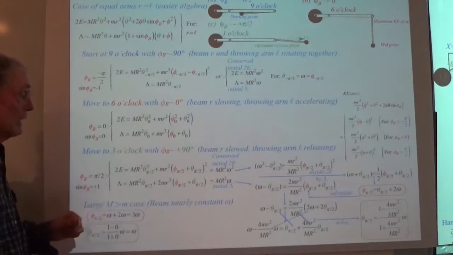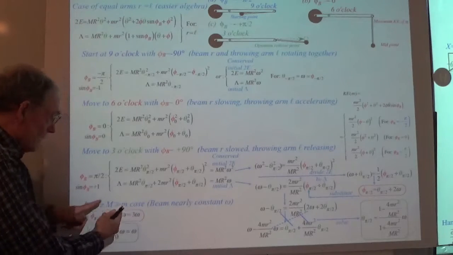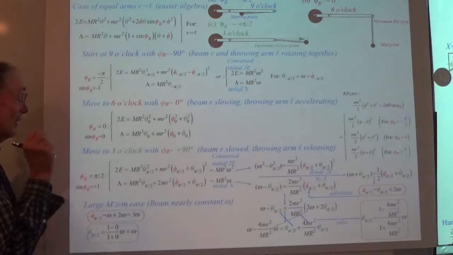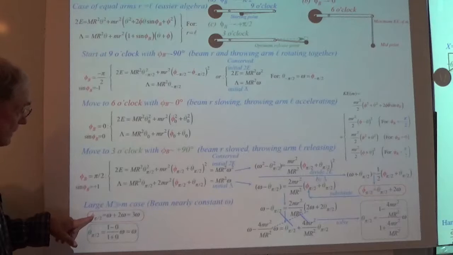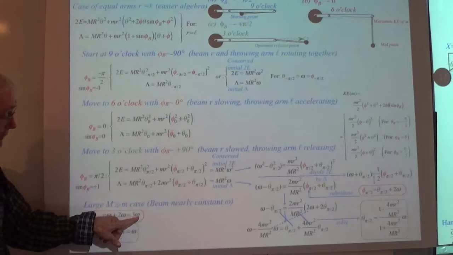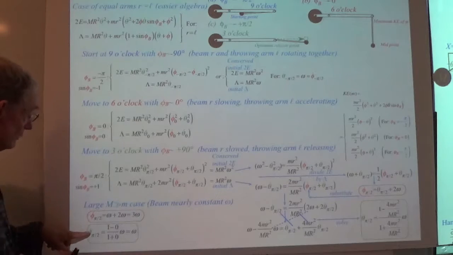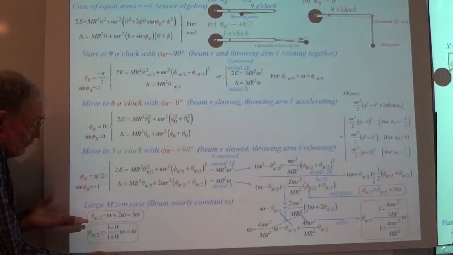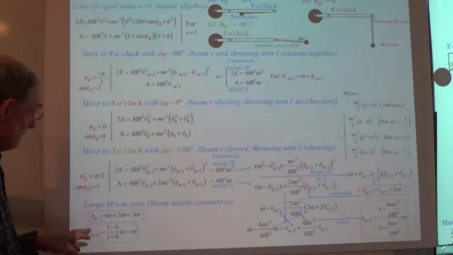Okay, so what we'll do is first start out with the case where M is a lot bigger than m, where we throw a little tiny mass, and see what's the best we can do with that. What we get here is 3 times the angular velocity of the beam. And if M is really bigger than m, it's not going to slow very much at all, so it's going to be the same as it started, omega.